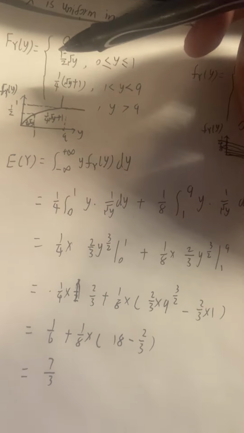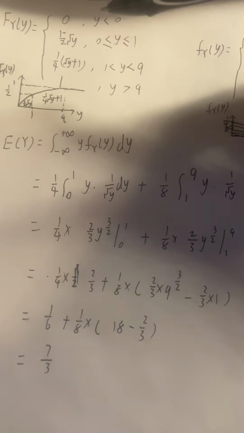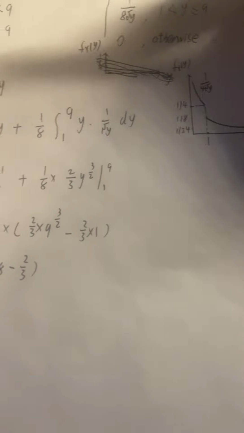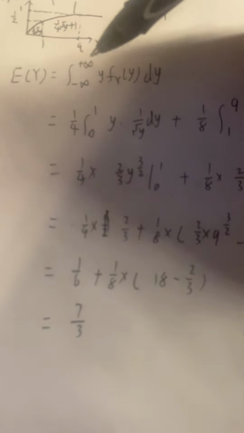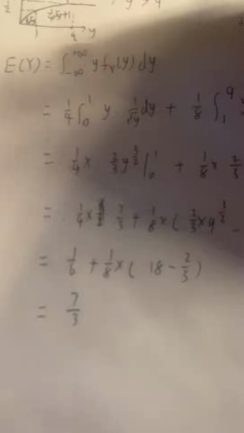So now we have the density function and the distribution function of Y, and then we can draw these two functions here and here. Finally, we need to calculate the expected value of Y, which is equal to the integral from negative infinity to positive infinity of y times the density function of Y dy.